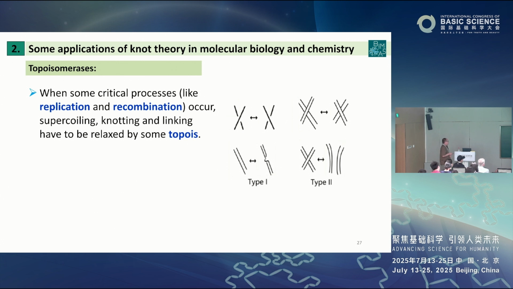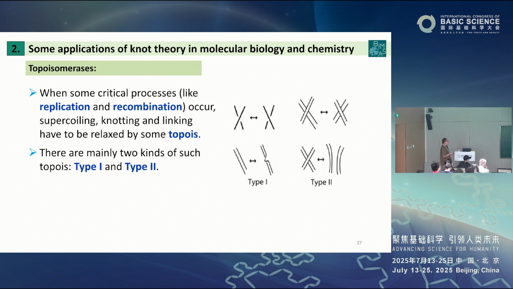When some critical process occurs in the DNA, supercoiling, knotting, and linking have to be relaxed by some topoi. There are mainly two kinds of such topoi, type 1 and type 2.